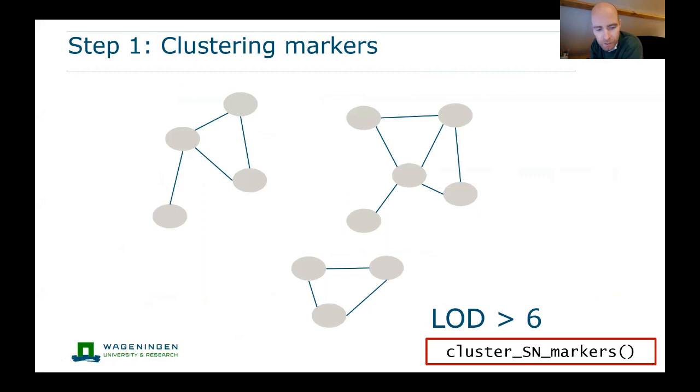Because this LOD score is data set specific, it obviously has to do with the size of your population, what sort of LOD score you should use to cluster, but it depends also on other factors, including genotyping errors and so on, that you might not be aware of. So it's very data set specific. I can't just say, okay, you should cluster and find your chromosomes at such a LOD score. Nobody can predict that in advance very well.